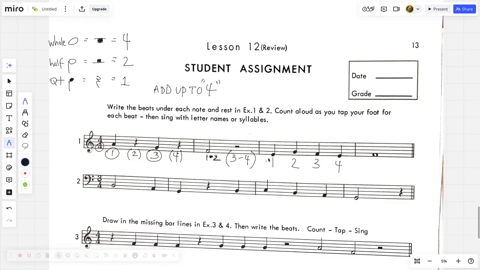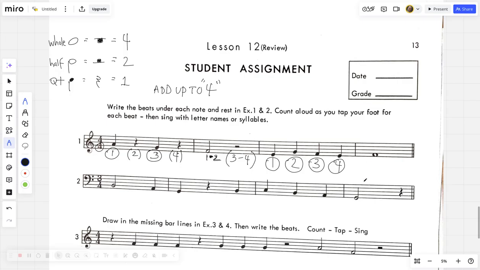So you've got 4 quarter notes in this measure. You're going to play on every single beat. So here's this measure alone. Ready, set, here we go. 1, 2, 3, 4. Sometimes I'll say hit, hit, hit, hit.